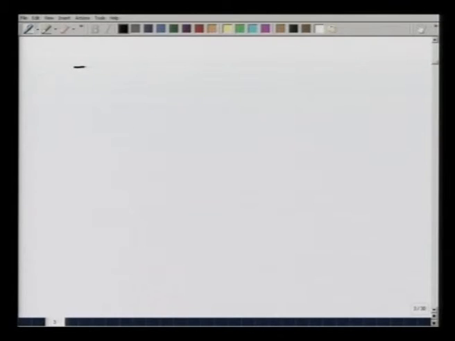What we are now interested in is, can we determine the forces on different members of the truss, and this is what we are going to do next. So, let us look at this truss, which is like this.